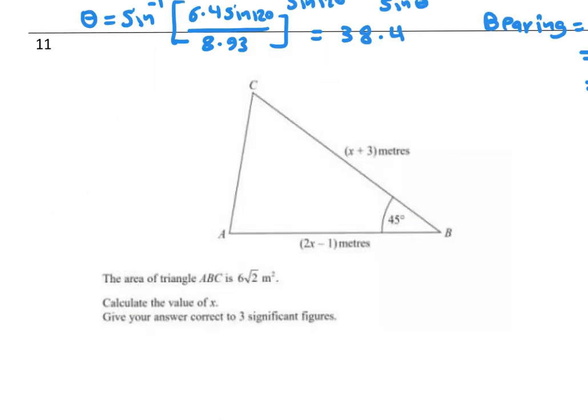Number 11. We have two sides in terms of x, and we have the included angle. The area for this triangle is 6 root 2. We know that the area of a triangle is half times side times side times sine of the included angle. So half times x plus 3 times 2x minus 1 times sine 45 equals 6 root 2.